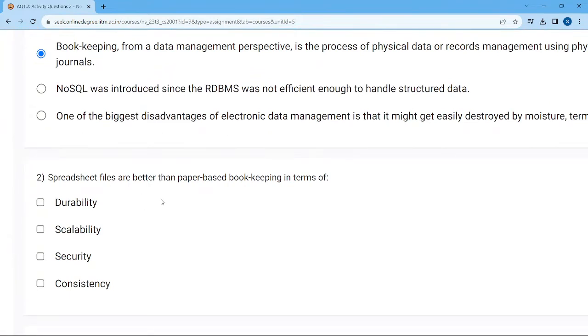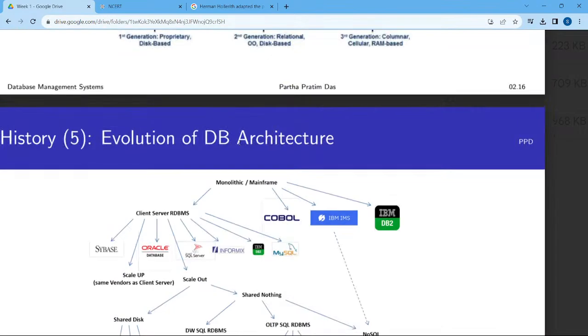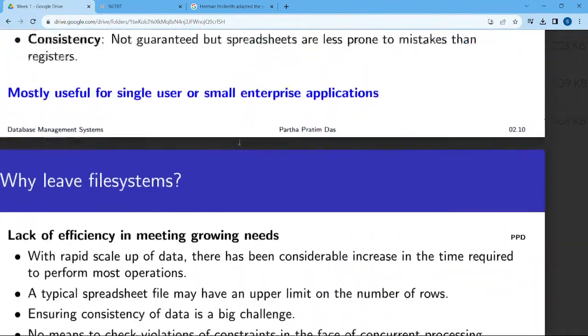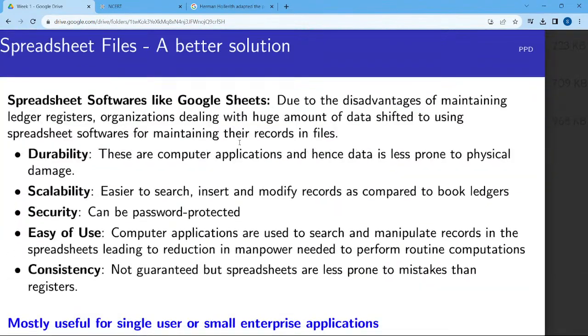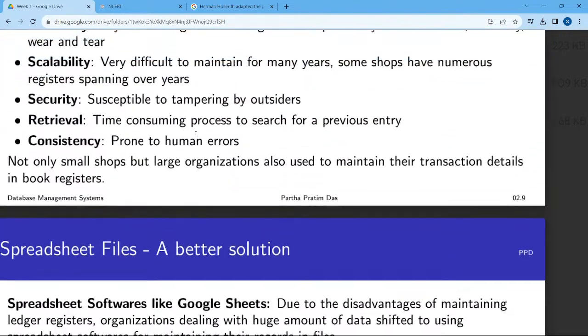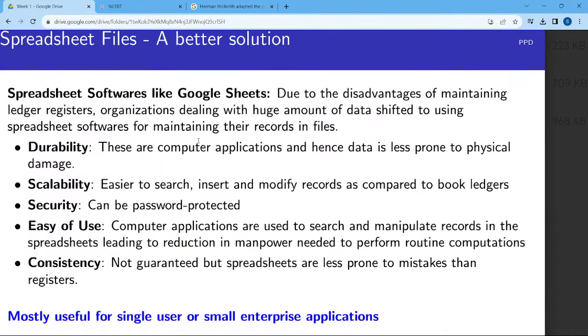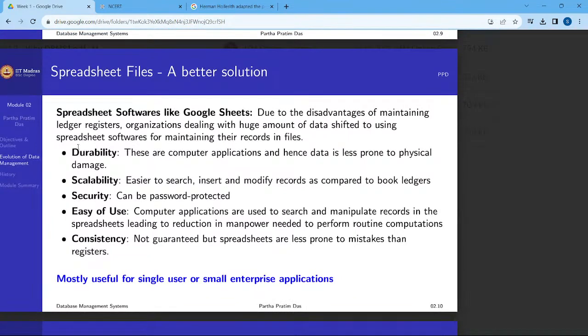Spreadsheet files are better than paper-based bookkeeping in terms of... Let's go to that slide. I remember the answers, but let's show you how we do this. Durability: there is less physical damage compared to a book ledger.